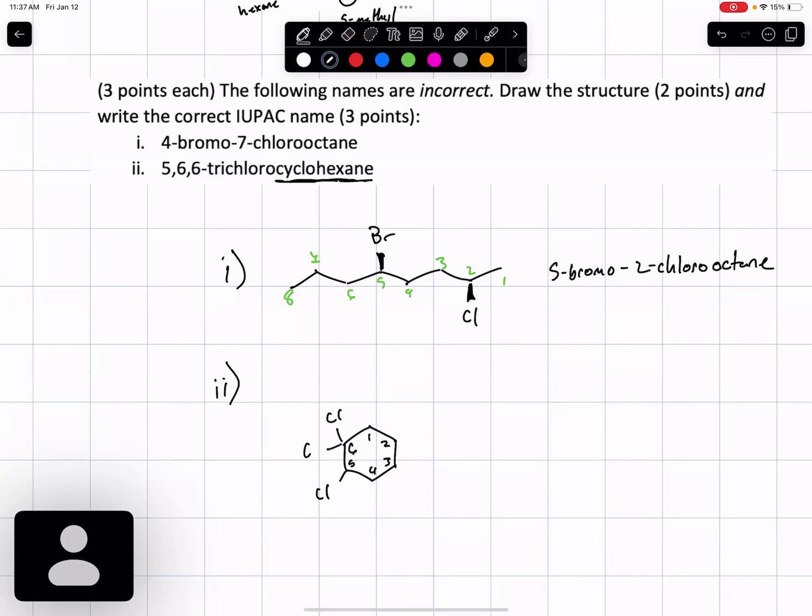So same thing, right? If this was named correctly, I would have to number these differently, right? So I would number them such that the highest priority group would be 1, 2, 3, 4, 5, 6. So what's the proper name of this?